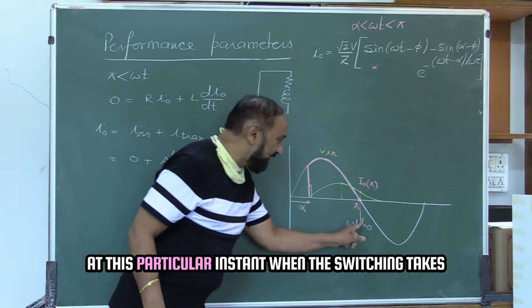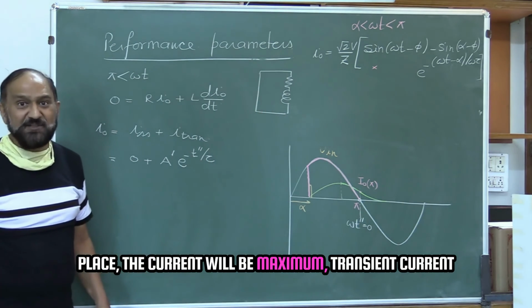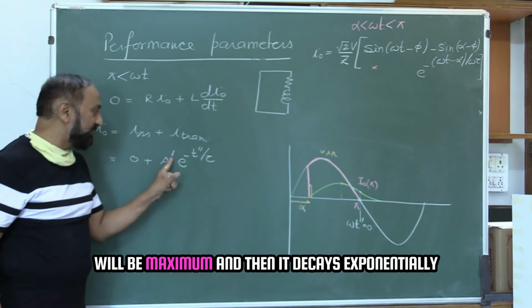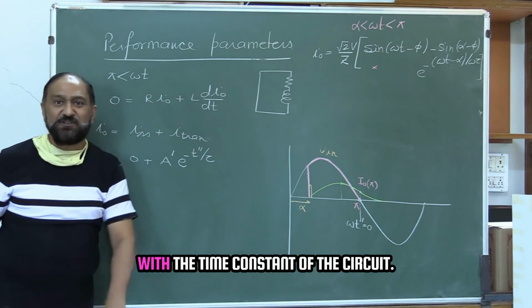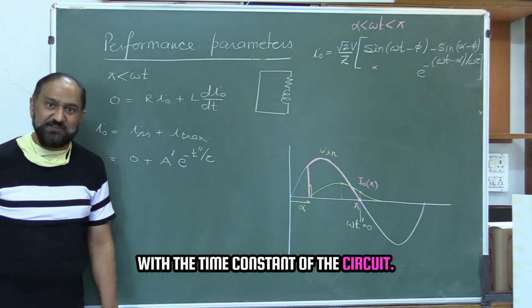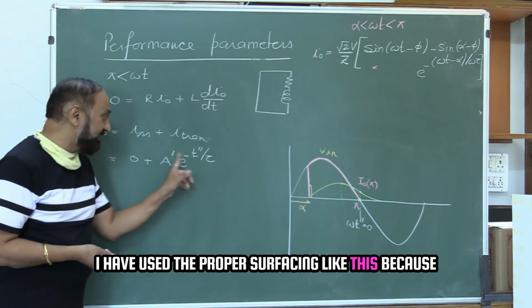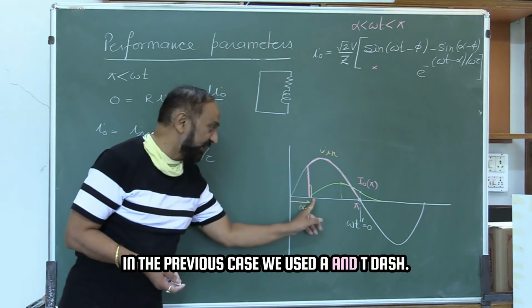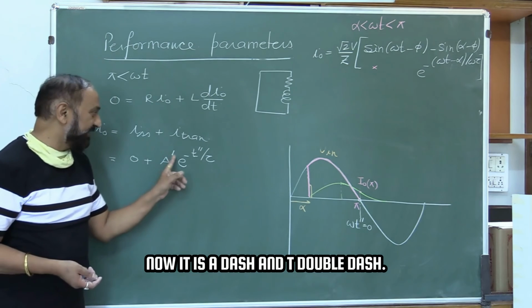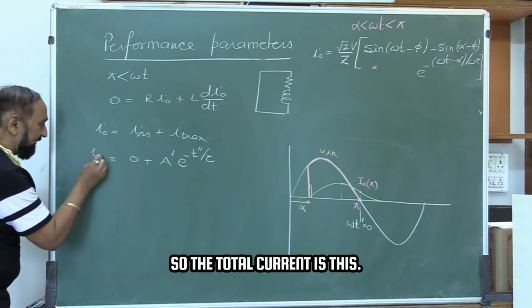At this particular instant, when the switching takes place, the transient current will be maximum, and then it decays exponentially with the time constant of the circuit. I have used the proper suffixing like this because in the previous case we used A and t dash, now it is A dash and t double dash. So the total current is this.